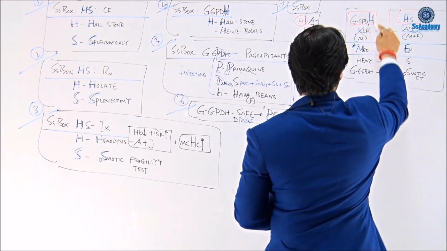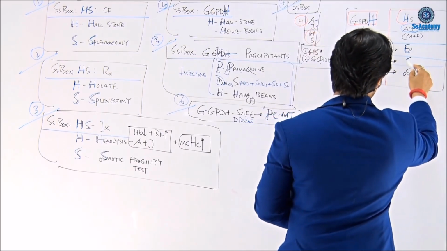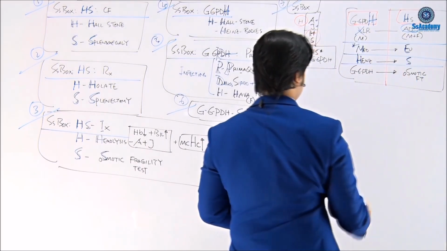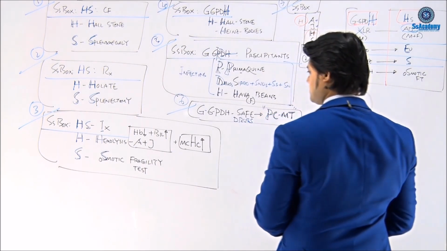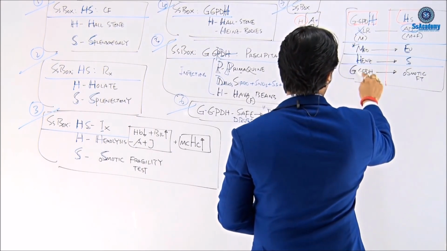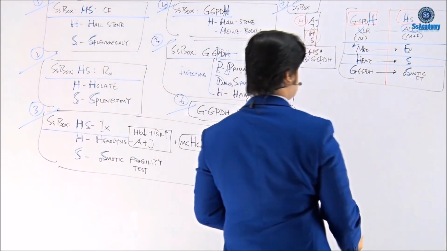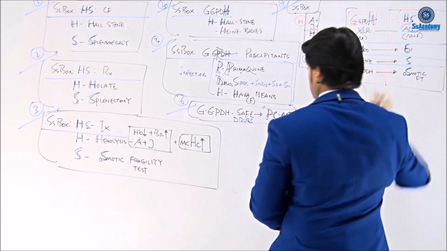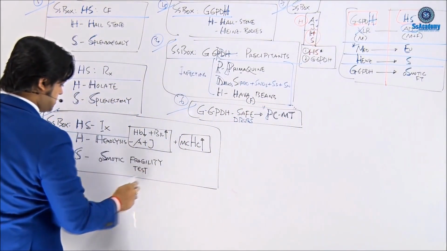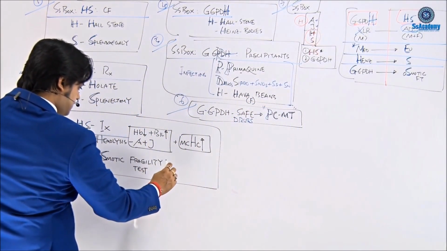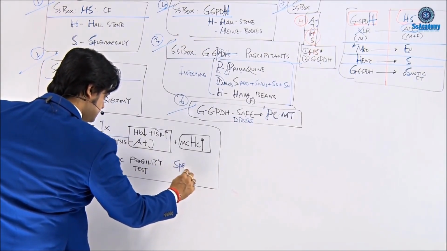And H for Heinz bodies in the peripheral blood, in contrast to the spherocytes in hereditary spherocytosis. And G6PD has the enzyme assay, and for HS the osmotic fragility test is the diagnostic test, and in the PBF we get S for spherocytes.